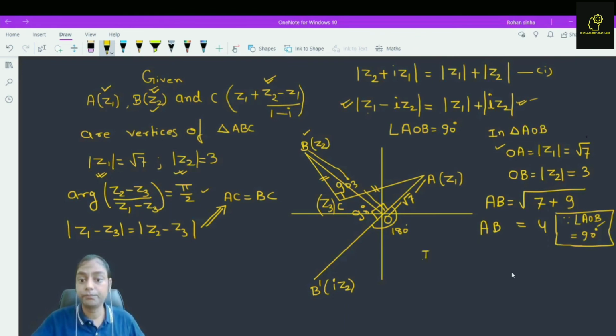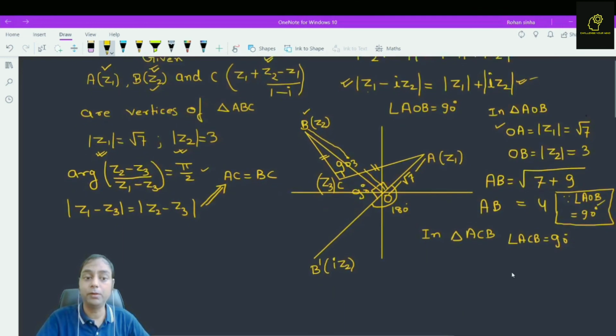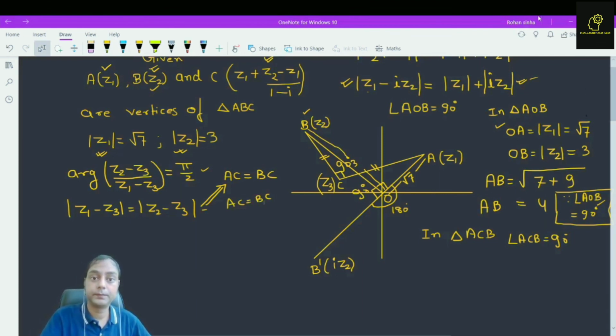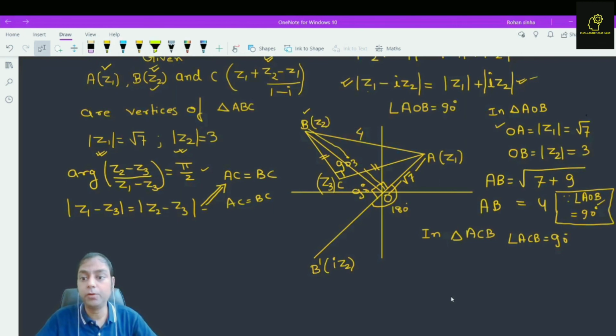Now in triangle ACB, what about this angle? Angle ACB is 90 degrees. It is given, and AC is equal to BC, also given. AB is equal to 4.